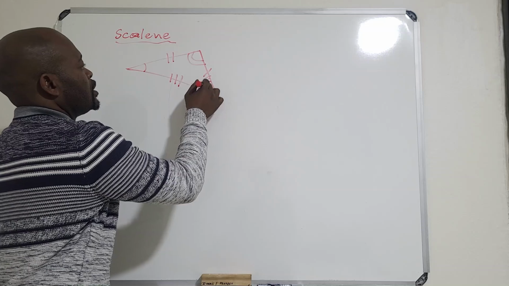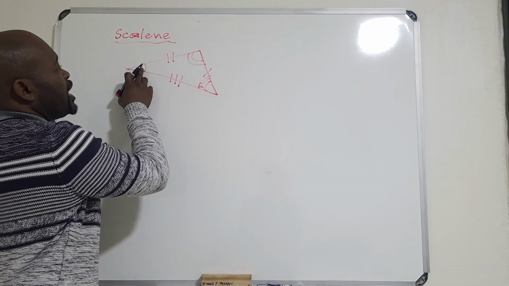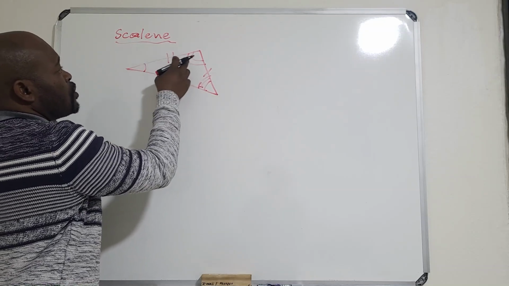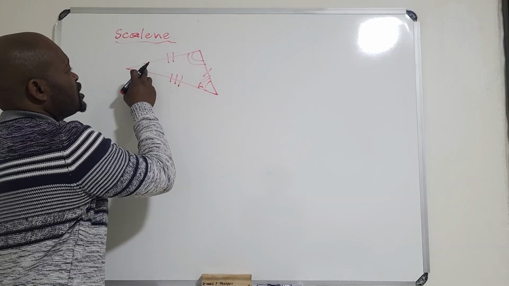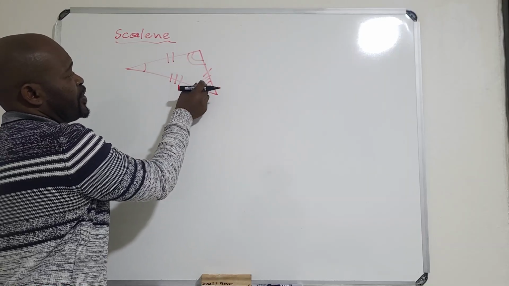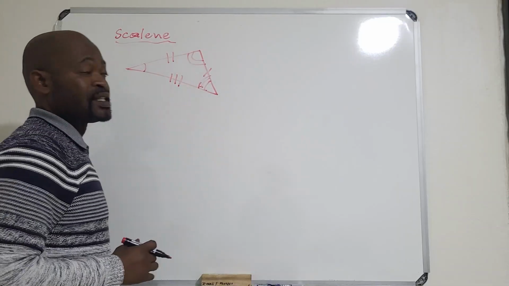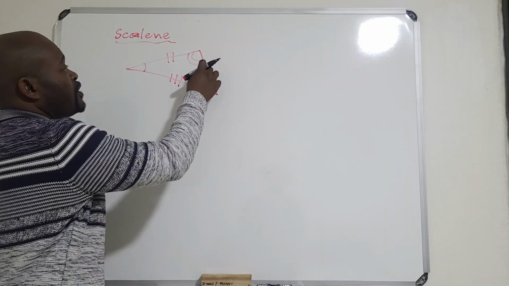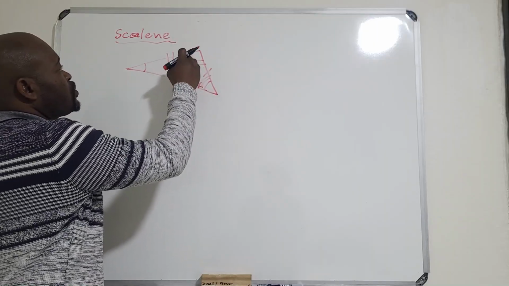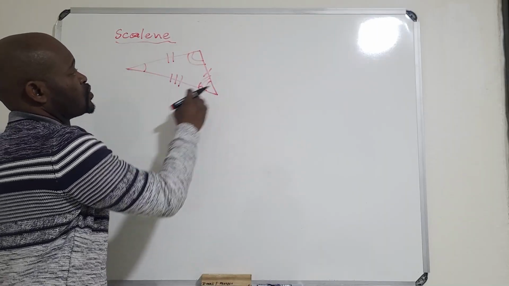Remember yesterday, to show that the angles are equal, I'm going to use this or that or that. So since there and there and there, we've got 1 there, 2 there, 3 there. So it shows that these angles are not equal. I've got this side is not equal to that side, is not equal to that side.